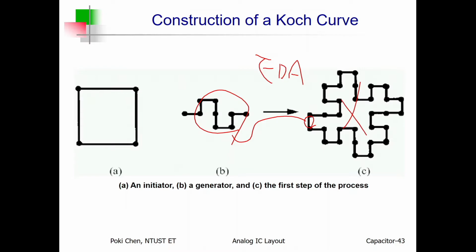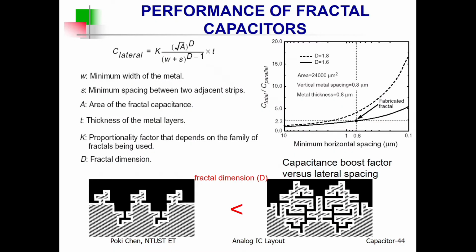That is the so-called vertical parallel plate capacitor, or nowadays we call it MOM. That is the capacitor type I would like to recommend all of you to follow. Anyhow, you can see the total capacitance over the parallel plate.